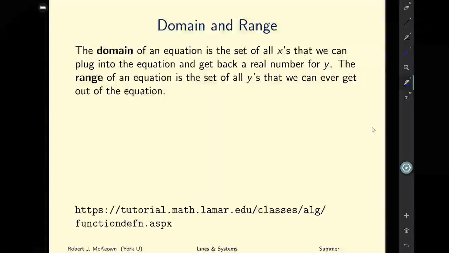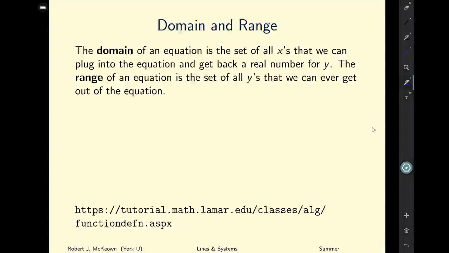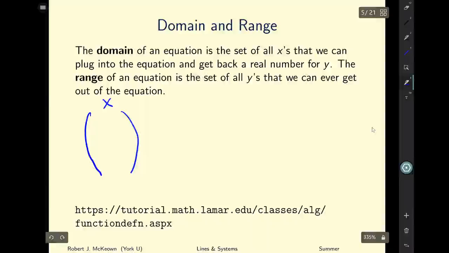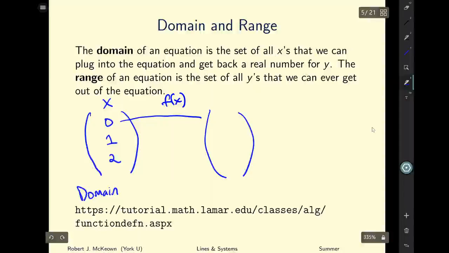The language we like to use in mathematics and economics is that the x values are in something called the domain, and the y values are in something called the range. So if I've got a set of x's here, and maybe I've got 0, 1, and 2 here, this is the domain. And then there's some function that takes us to the range.